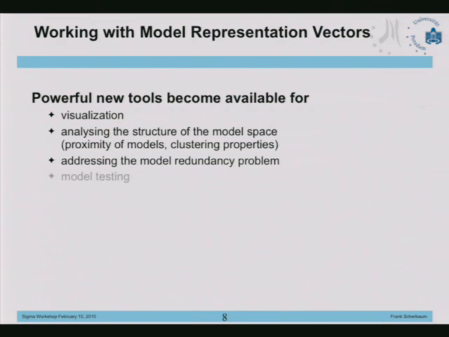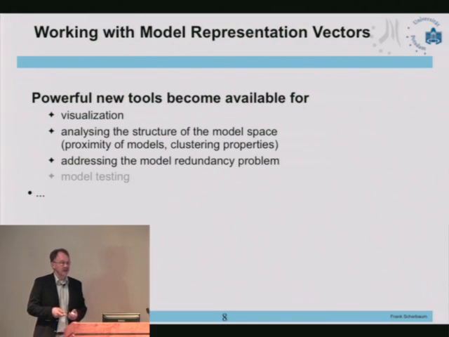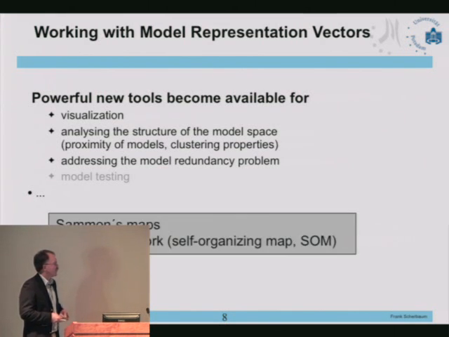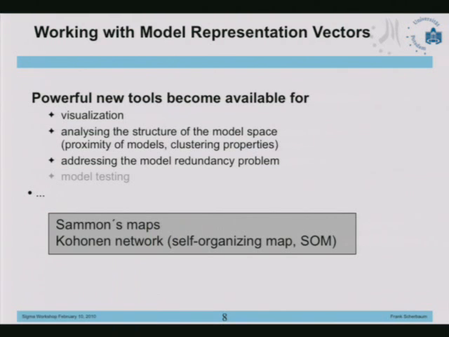Also for model testing, which I do not want to go into at all. In particular, we can make use of ideas and tools from other fields of sciences, namely the field of high-dimensional information visualization and multidimensional scaling. And the core tools in this context go under the name of Sammon's maps and self-organizing maps, also called Kohonen networks.